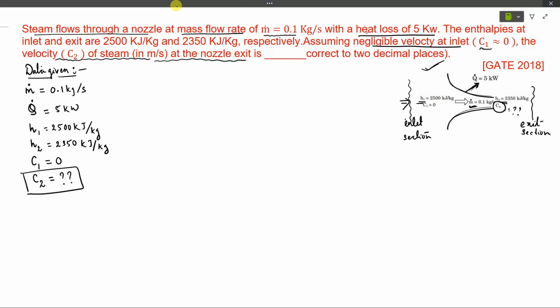Now we see from the diagram that it is clearly a case of steady flow. So we are going to use the steady flow energy equation.